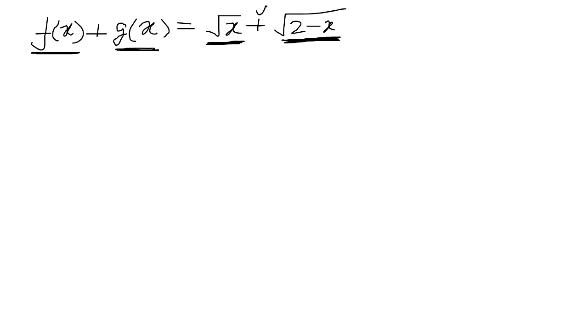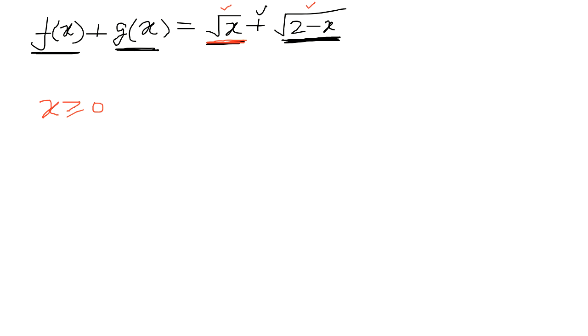So how to find the domain of √x? Look, fx equals this, and gx is this. So the rule for √x: whatever is under the root must be greater than or equal to zero. So x ≥ 0. This is the rule.